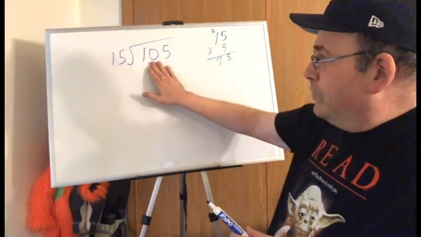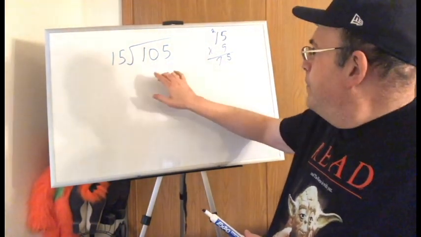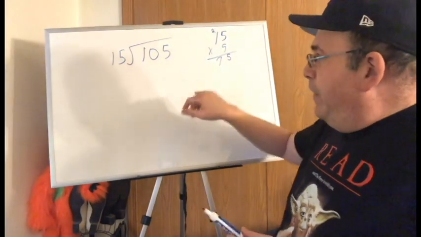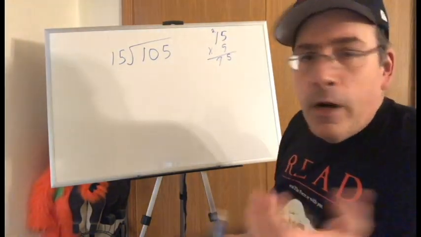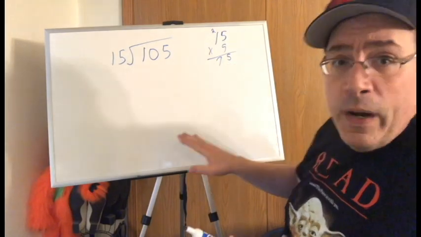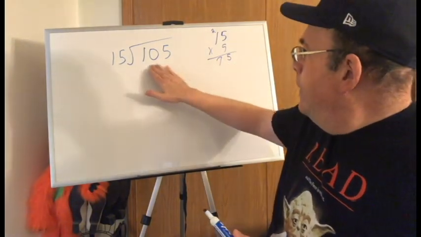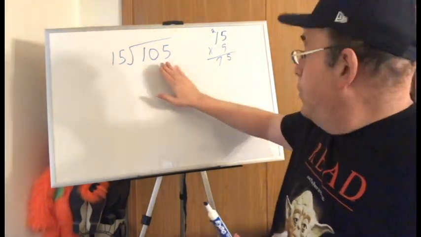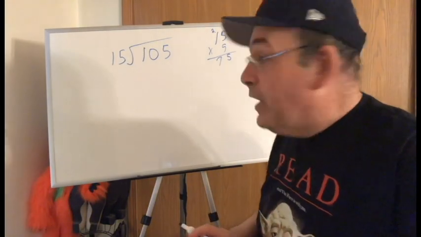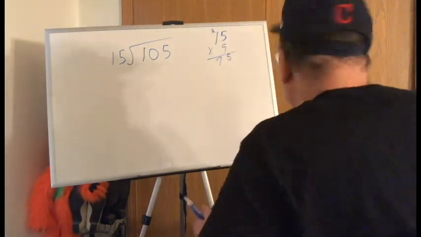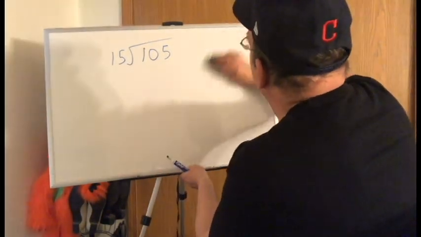Okay. 105, 75, that's still pretty far away. I mean, 75 plus 25 is 100, and I'm still not there yet, so I still have a ways to go. So 5's not going to work for us. So let's erase that.